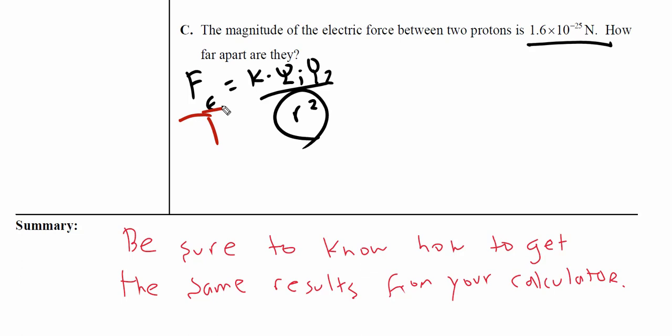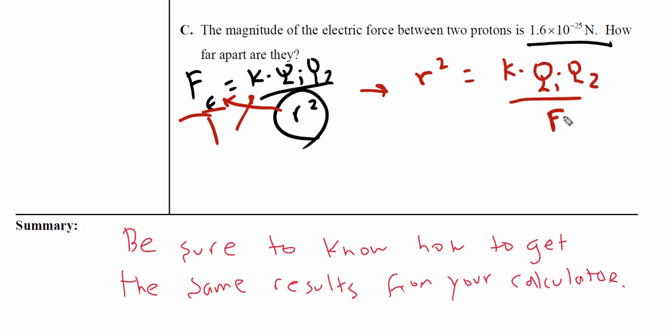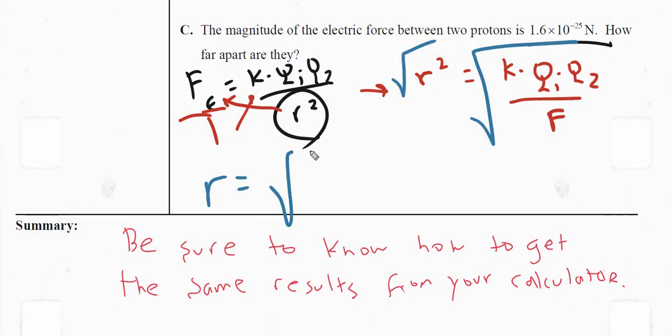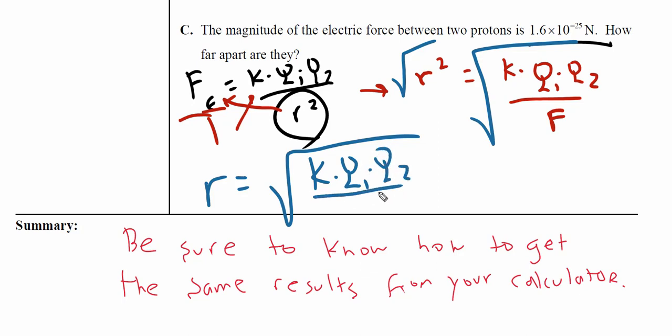We've done it multiple times in this class. If we cross multiply, it essentially just switches places. And I want R by itself, so I square root the whole thing. So R is the square root of KQ1 Q2 over F. Make sure the entire thing is being square rooted.